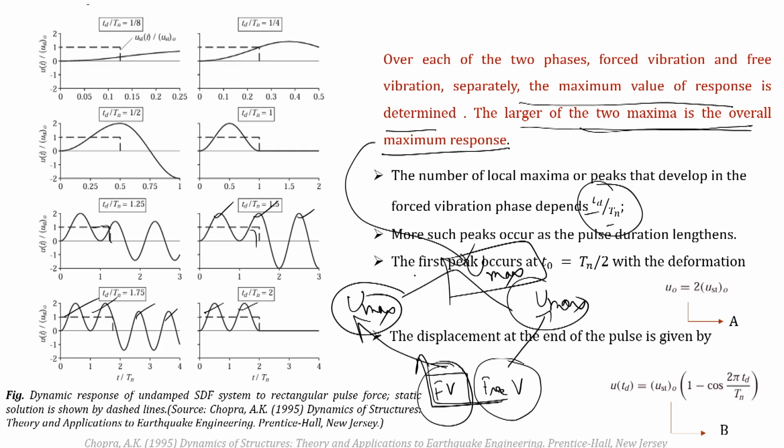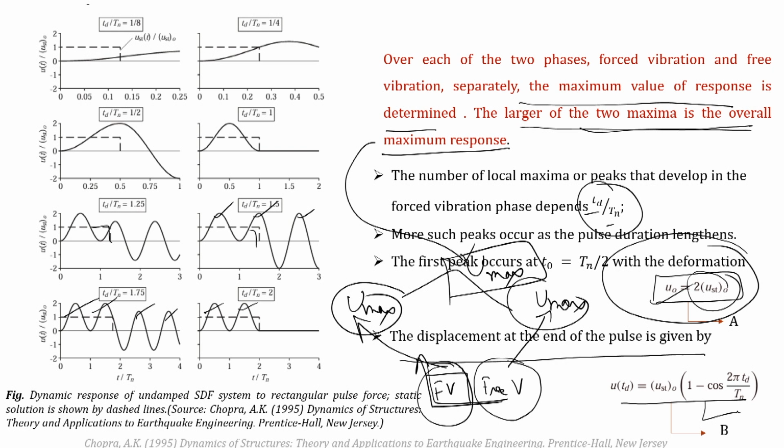The first peak occurs at t0 equals t0 over T, with the deformation this much. It means that my dynamic deformation here is twice the static deformation. The displacement at the end of the pulse is given by this equation. Similarly, we have evaluated these equations in the previous phase.